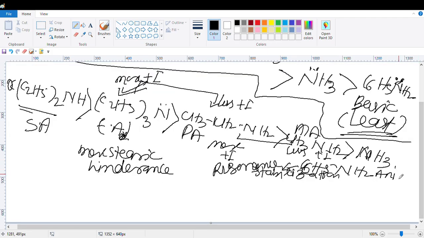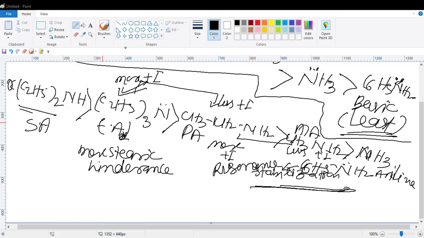The aniline, because of resonance stabilization, has a very low negative charge density and its electron donating property becomes very less, and it becomes least basic, isn't it?